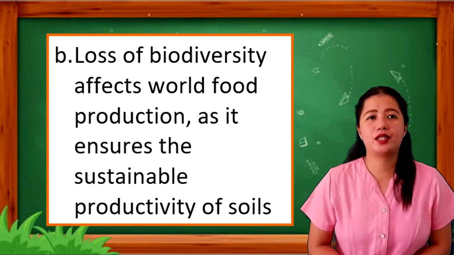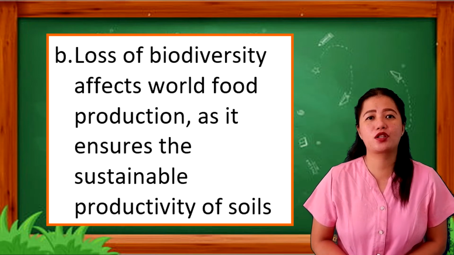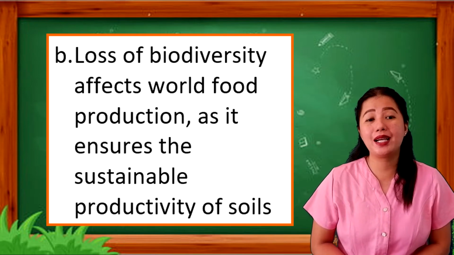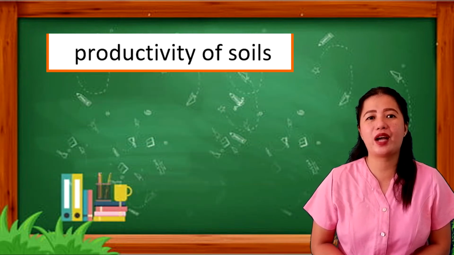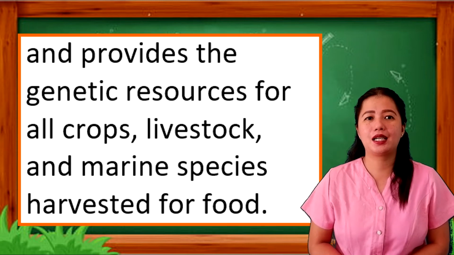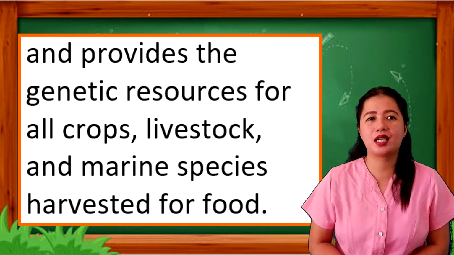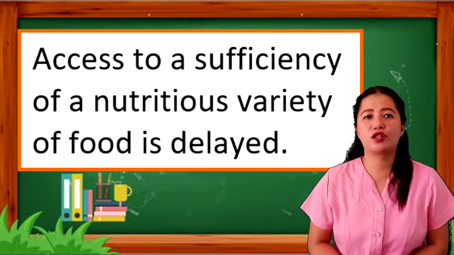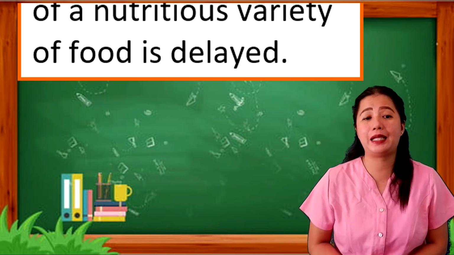Loss of biodiversity affects world food production, as it ensures the sustainable productivity of soils and provides the genetic resources for all crops, livestock, and marine species harvested for food. Access to a sufficient, nutritious variety of food is delayed.